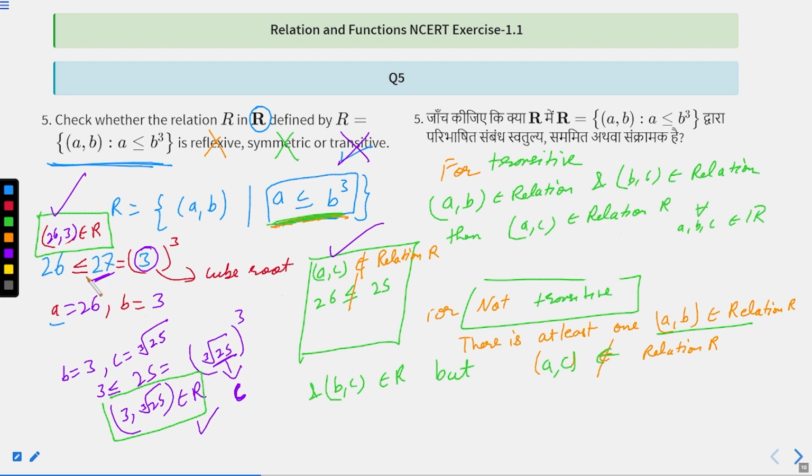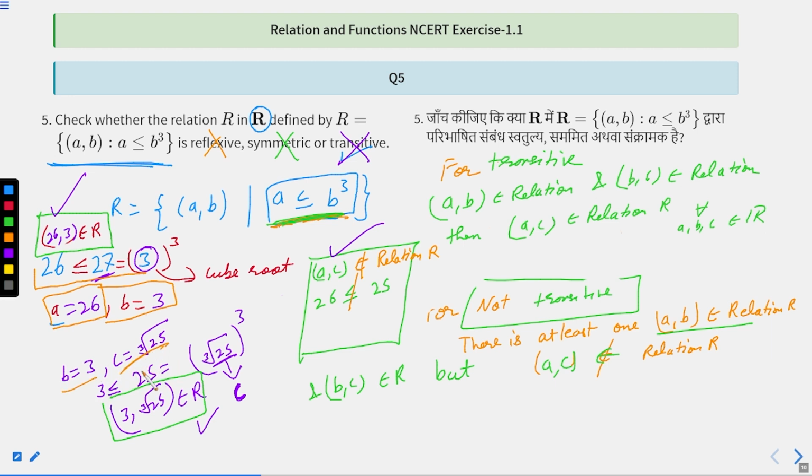I hope you saw some observations from where I started with a and b. First of all, I took the inequalities, then I chose accordingly what will be my a, what will be my b, and accordingly I chose what will be my c.